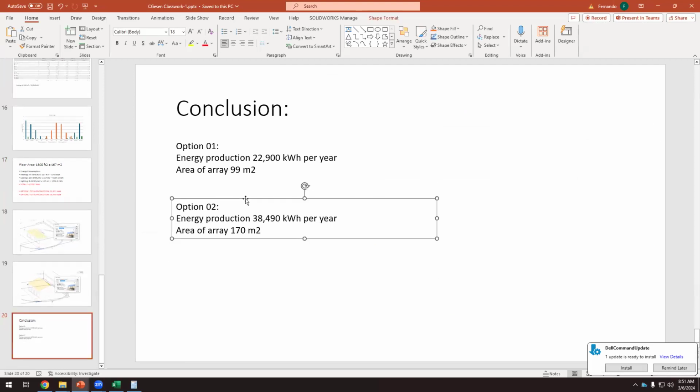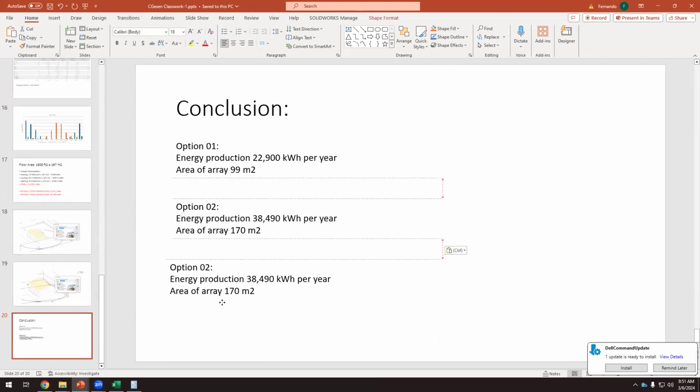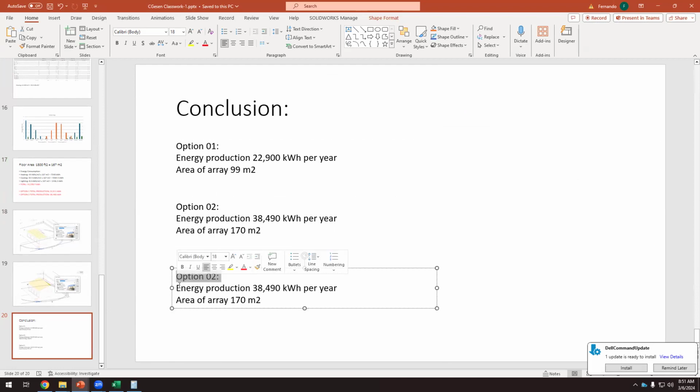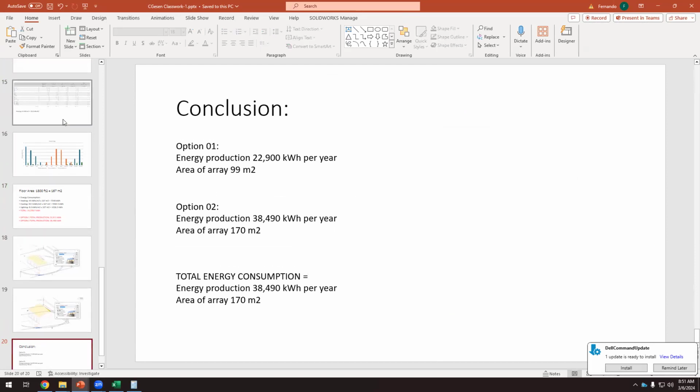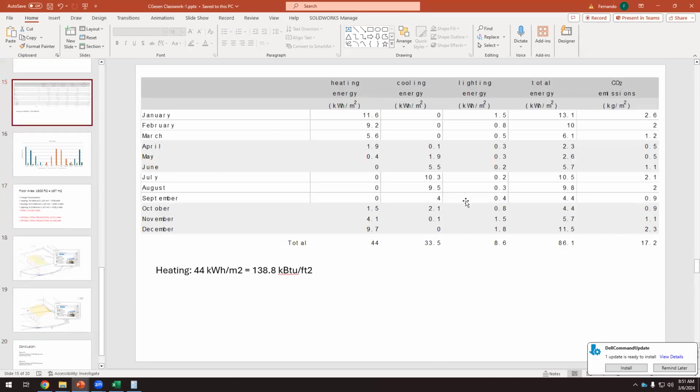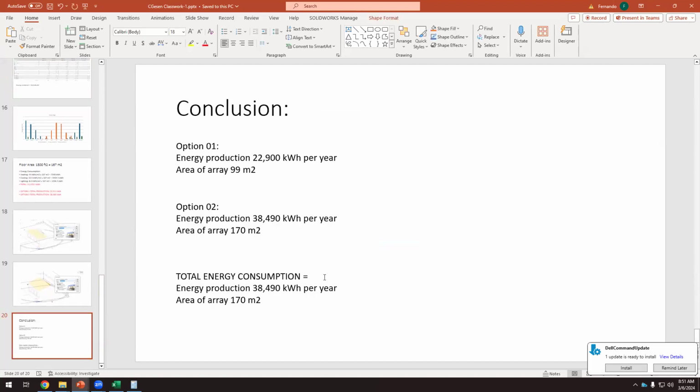So we have the total energy consumption. Consumption is 86. We have to add up heating, cooling, and lighting. So it's 86 kilowatt hours per square meter.